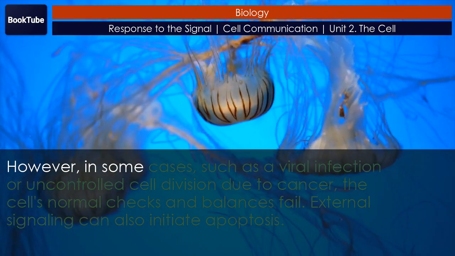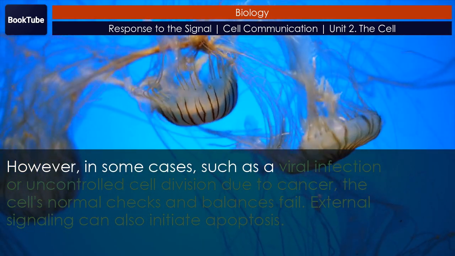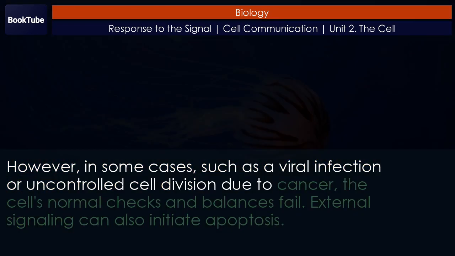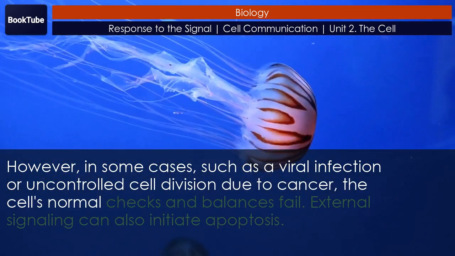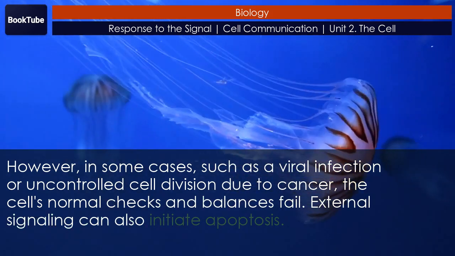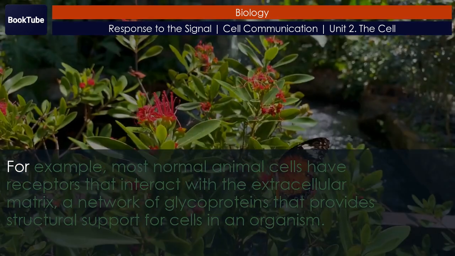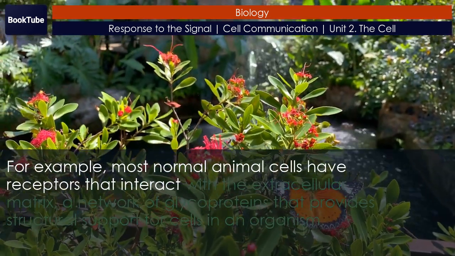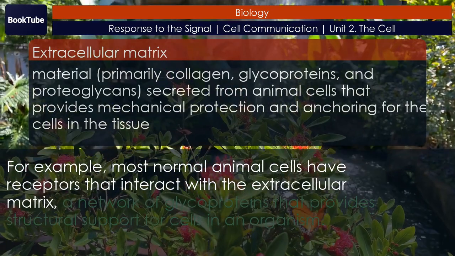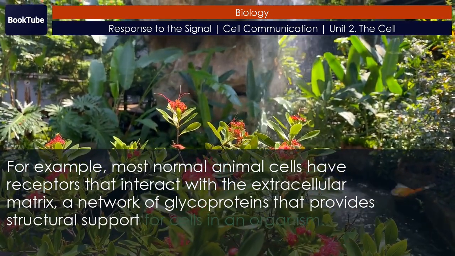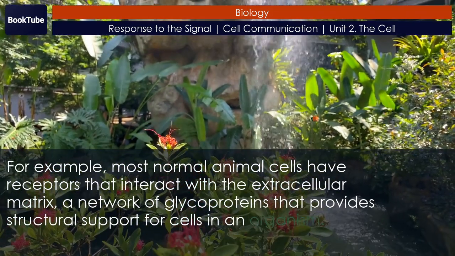However, in some cases, such as a viral infection or uncontrolled cell division due to cancer, the cell's normal checks and balances fail. External signaling can also initiate apoptosis. For example, most normal animal cells have receptors that interact with the extracellular matrix, a network of glycoproteins that provides structural support for cells in an organism.